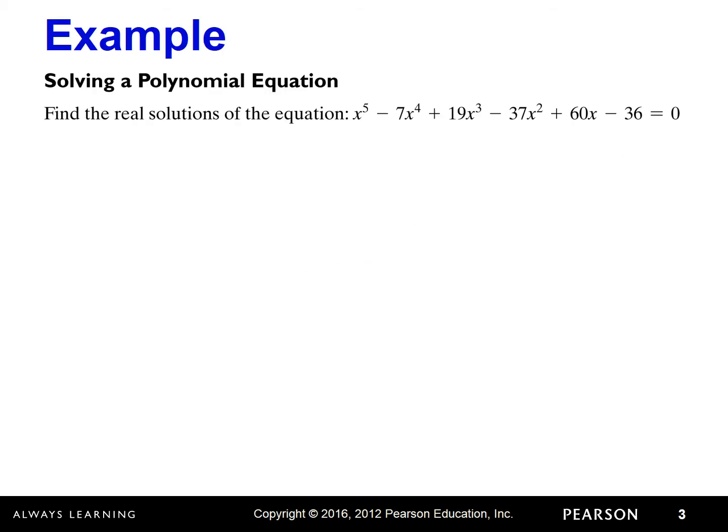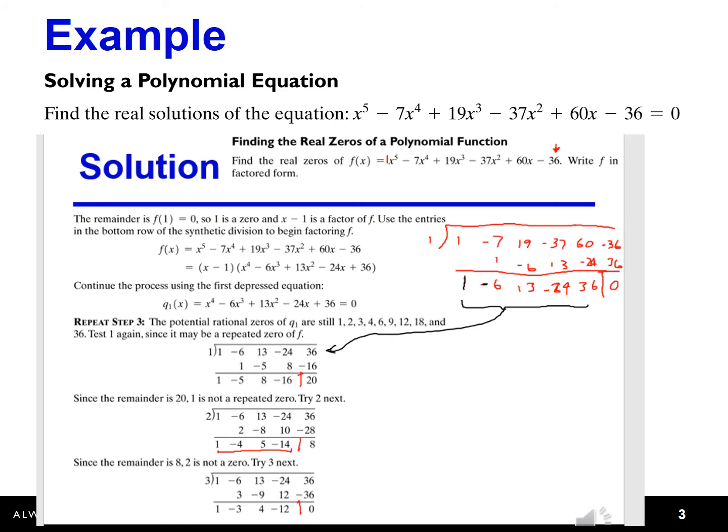Okay, so here's a fifth degree equation in one variable x, and we're trying to solve it. We are trying to get the values of x that satisfy the equation. And if those coefficients look familiar, then you probably saw the last video in which we did this problem.